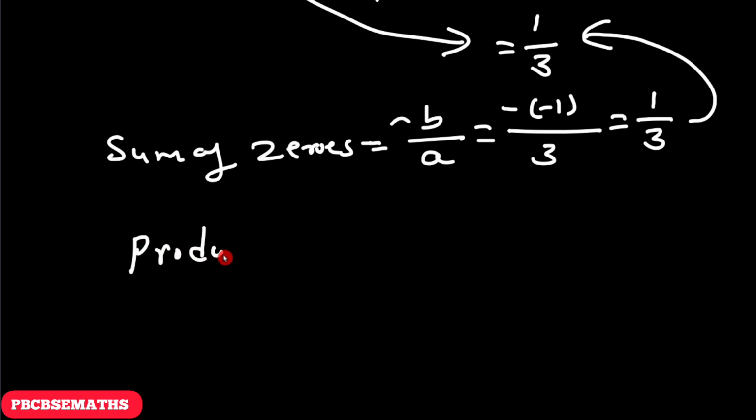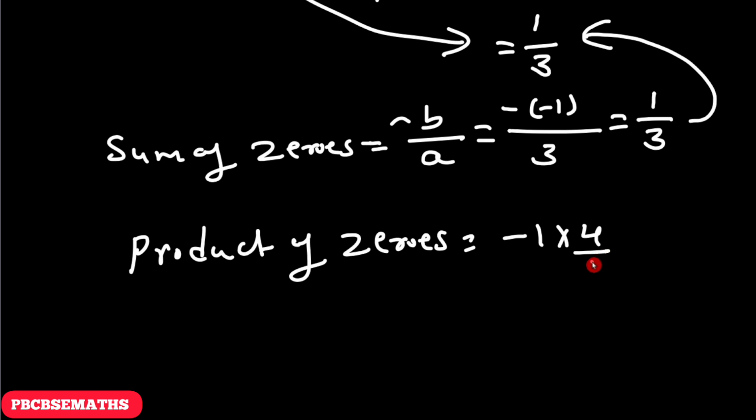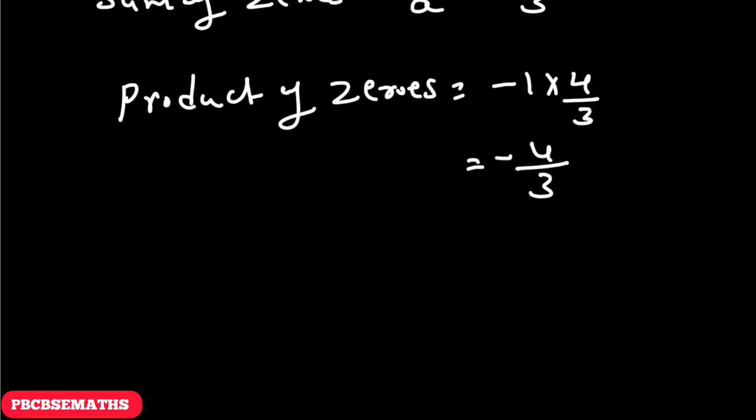Product of zeros. The two zeros are minus 1 and 4 by 3. Now minus into plus gives us minus, 1 into 4 gives us 4, divided by 3. So product of the zeros is equals minus 4 by 3. And let's try to verify it.